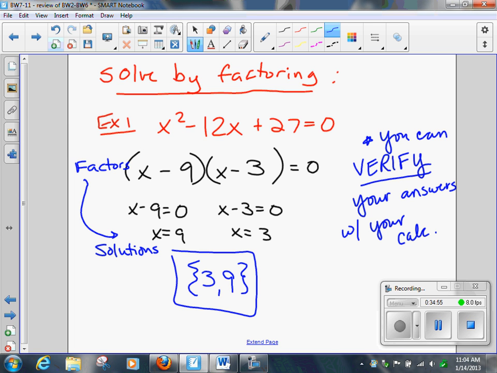You can verify with the calculator. You can't do all your work with the calculator. You may come out of this class blowing up that calculator, but at some point that calculator's going to be taken away from you, and then you're going to be like, what do I do? And you're not going to know. So learn it.